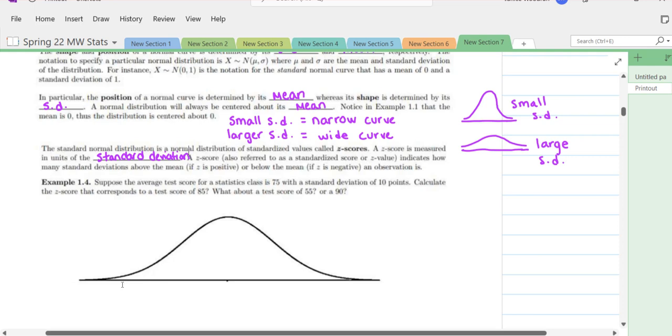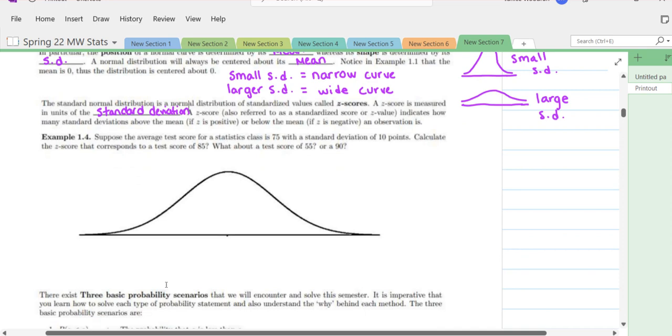Now a z-score can actually go higher than 3 and lower than -3, but typically, remember when we were looking at the empirical rule, you had standard deviations 1, 2, and 3 from the mean. Correct? So let's say this is 0, 1 standard deviation above the mean, 2 standard deviations above, 3 standard deviations, and then -1, -2, -3.